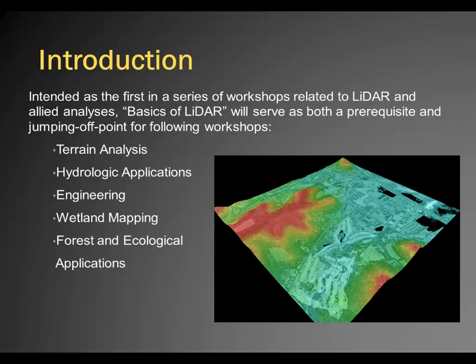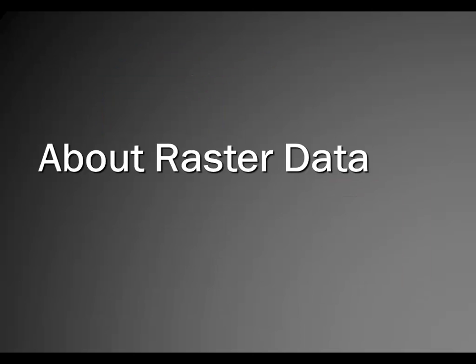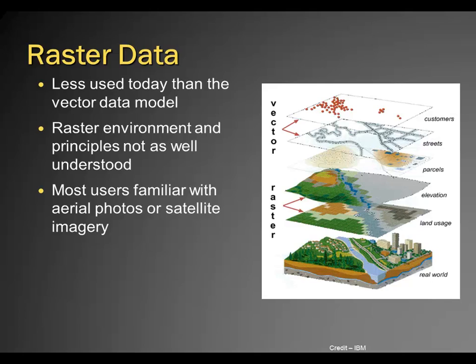So this is a basics in the structure that underlies the LiDAR data. The basic structure that you need to understand first and foremost is raster and the concepts of raster data. And raster is used a little less today than vector data.